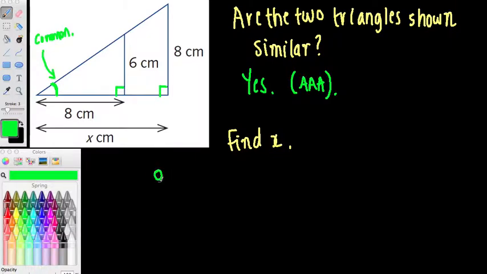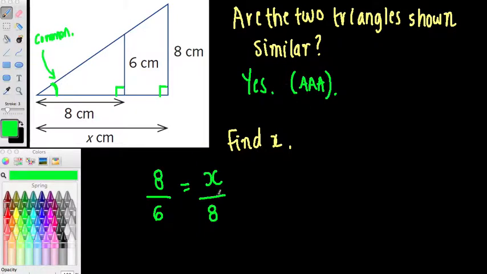We'll set up the ratio. If these are similar, it must be equal to the ratio of the other pair of sides. x over 8. Okay, 8 over 6 must be equal to x over 8.